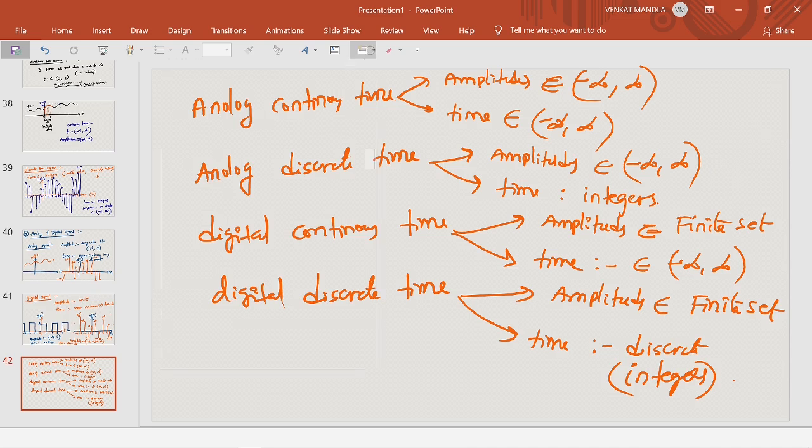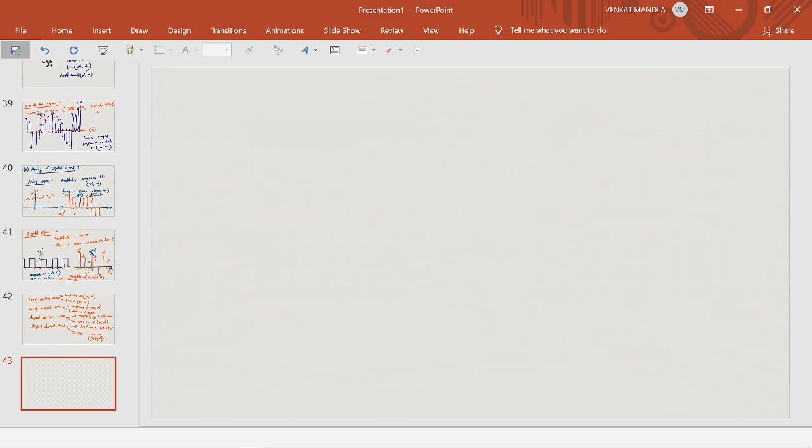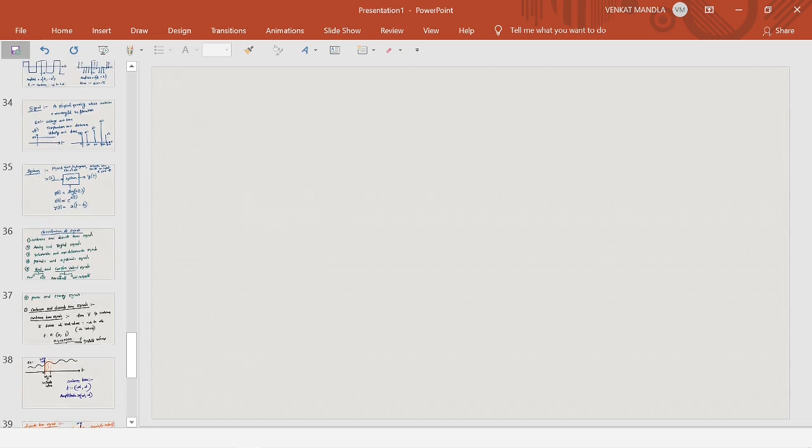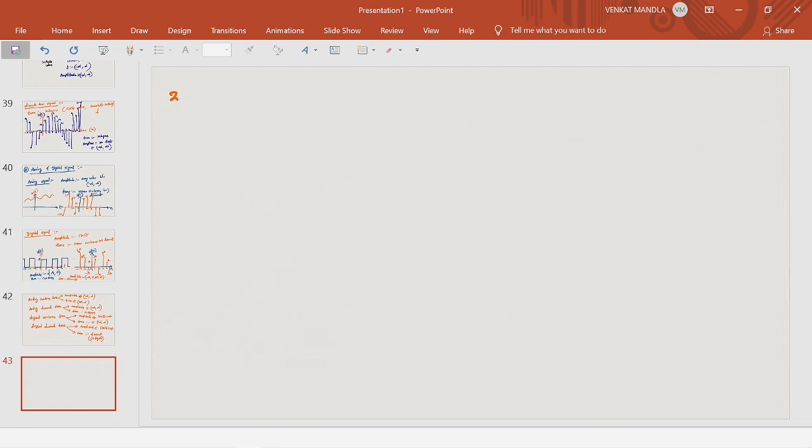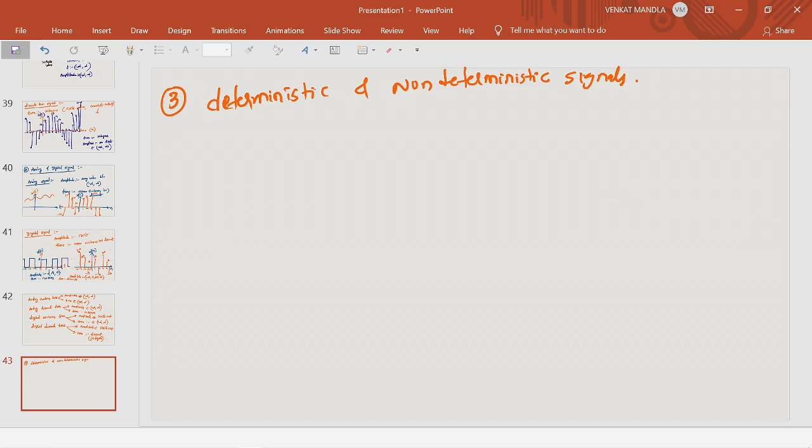Next, another classification, the third type of classification: deterministic and non-deterministic signals. I will give you a simple definition for deterministic.